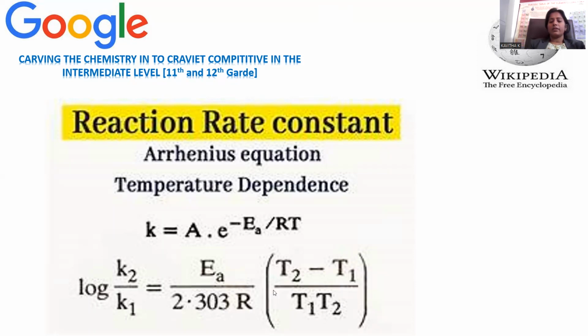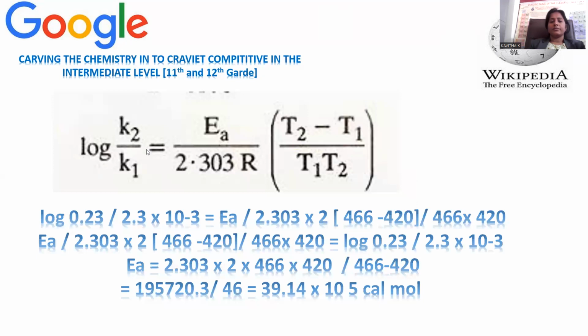As temperature changes, rate constant changes. If you are shifting from T1 to T2, K1 will shift to K2. That relation is given by equation number 2. This equation we can use for our calculation, right?